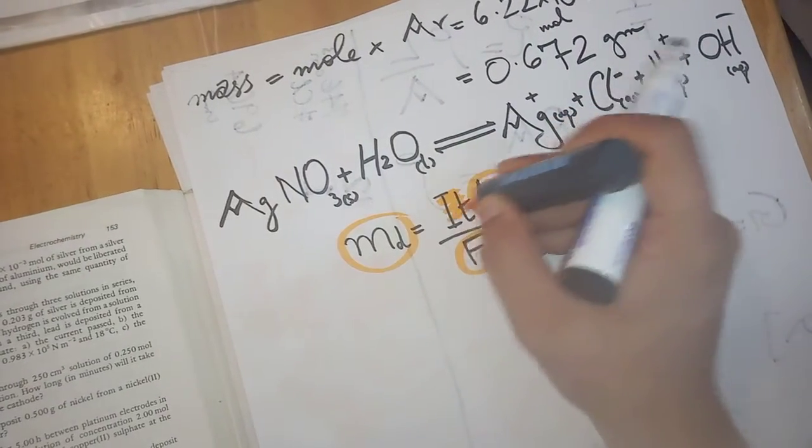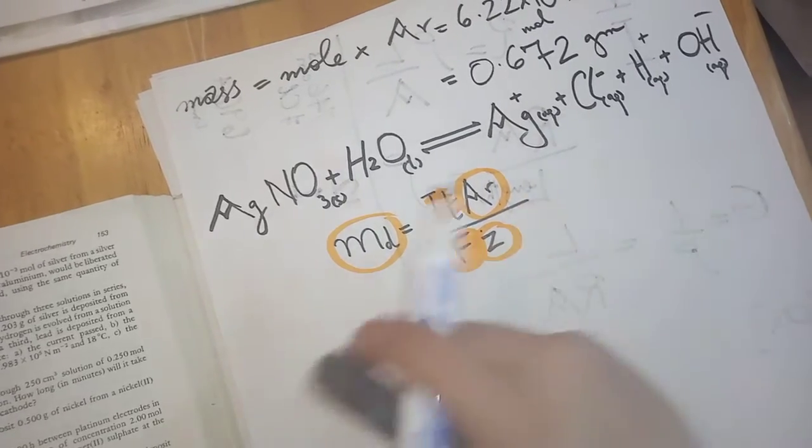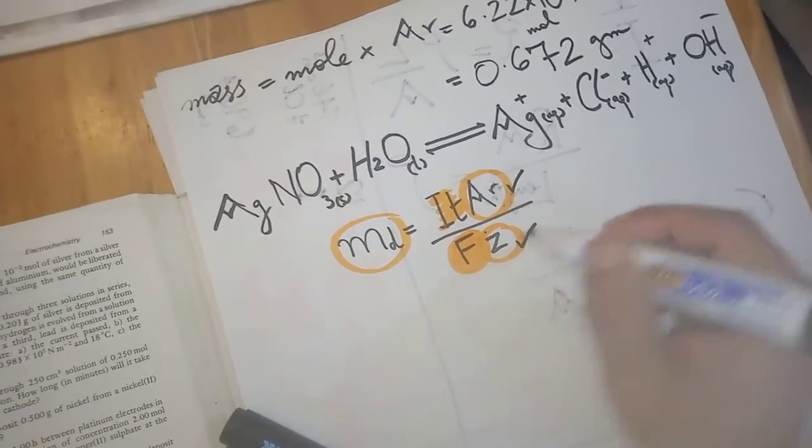So this doesn't matter, and this wouldn't matter either because it would get cancelled out, because it's equal on both sides. So what we've got here is this and this and this.